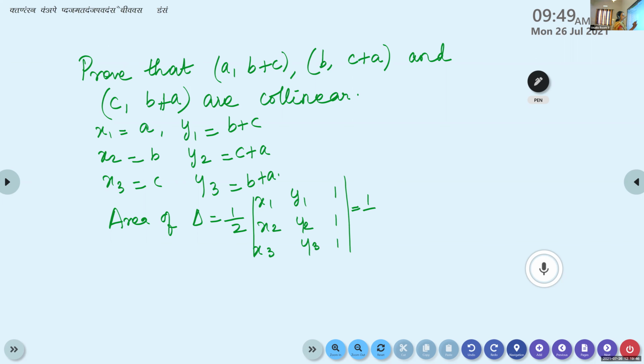That is equal to half into the determinant a, b plus c, 1, b, c plus a, 1, c, a plus b, 1. Now we can expand this determinant and prove this area of the triangle as 0.